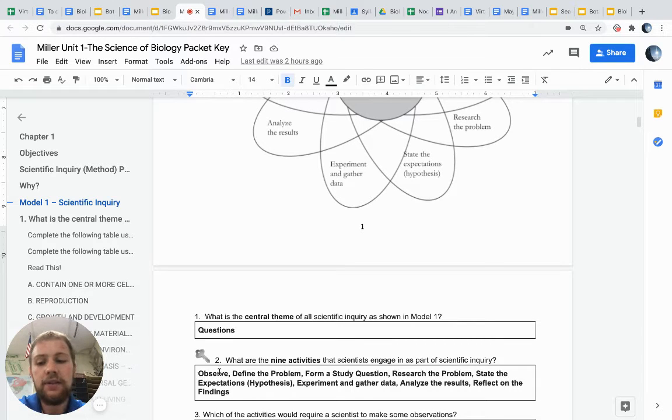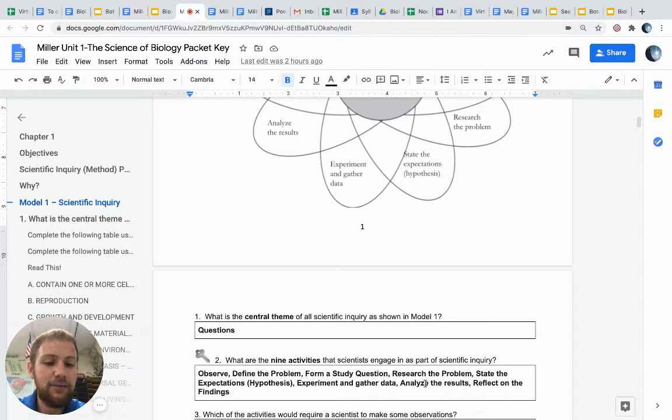So these activities are observe, define the problem, form a study question, research the problem, state your hypothesis or what you would expect to find. We could also say that stating a hypothesis is like making a prediction for what will happen if we do a certain thing. They experiment and test a situation in order to gather data.